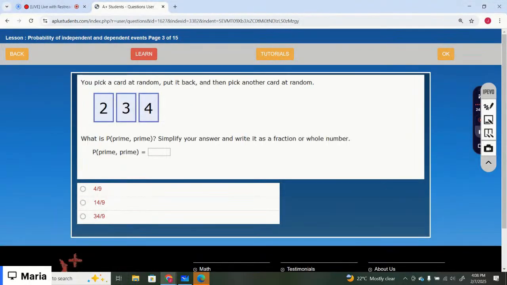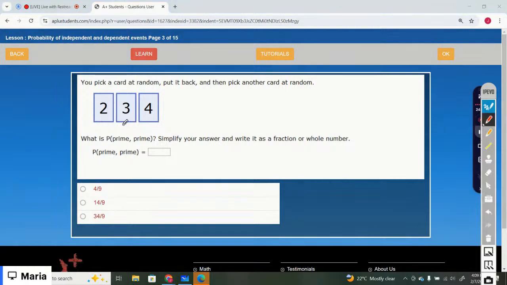You pick a card at random, put it back, and then pick another card at random. What is the probability of prime numbers? So 2, 3, and 4.